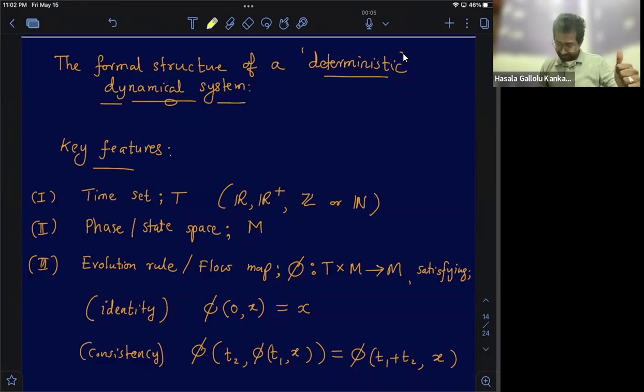Or one can say this dynamical structure need not be just a continuum. It can be jumping from one point to another. If you consider Z, or in other words, the collection of all integers, even including zero and negatives, in that case, you can go the forward jumps or backward jumps.